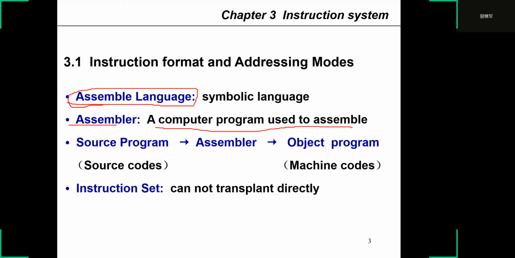When we make a program, we get the source program. We use an assembler to change the source program to an object program.